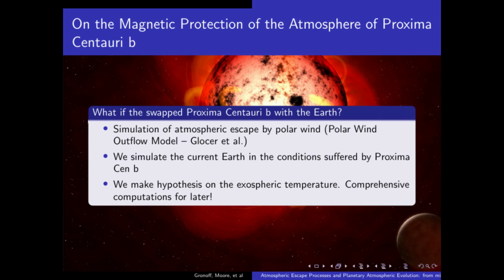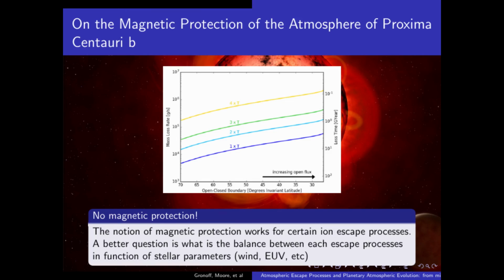And we basically swapped the current Earth with Proxima Centauri b in the model. We had to make some approximations and some hypotheses about the exospheric temperature to see what's going to happen. So let's put our Earth with its own magnetic field around Proxima Centauri b, and let's look at how much oxygen it's going to lose.